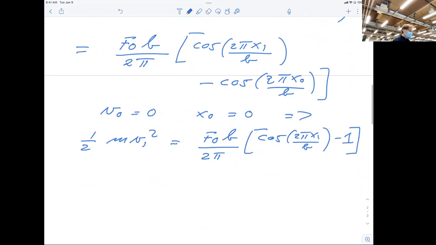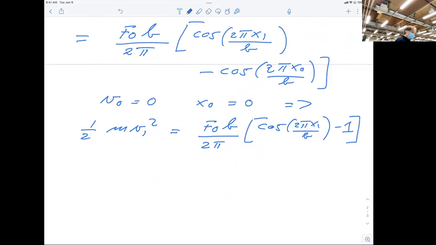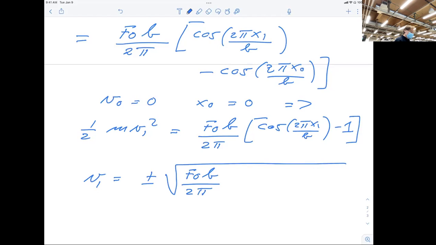And this is the answer. So then what we would get now would be that v1 is equal to plus minus the square root of F0 times b divided by 2 pi, and then we have a cosine of 2 pi x1 divided by b minus 1 here.